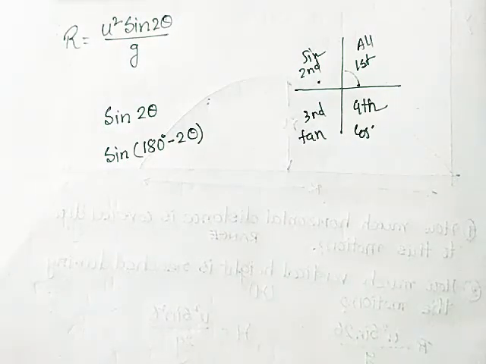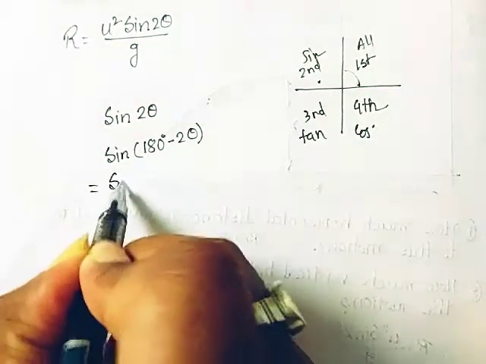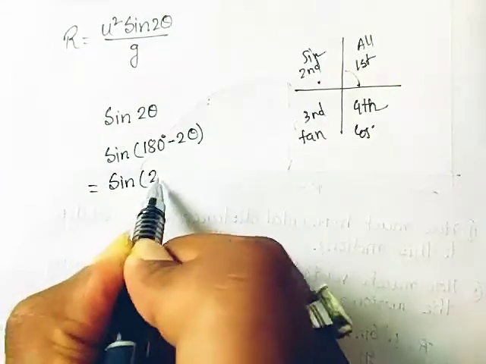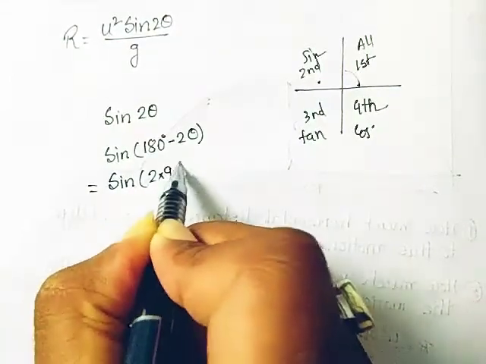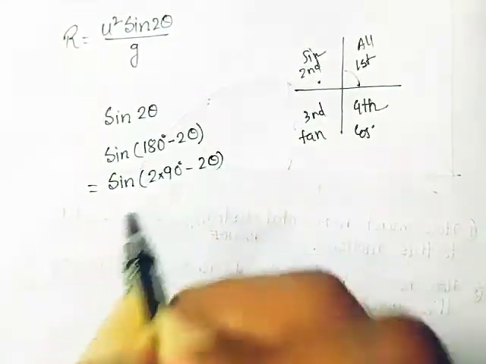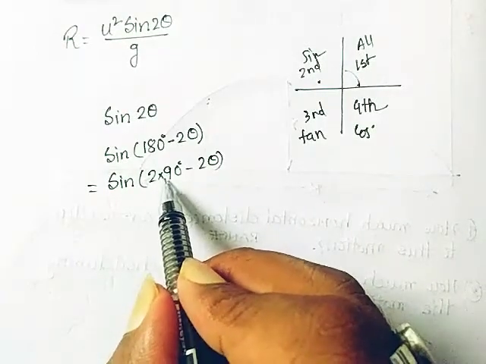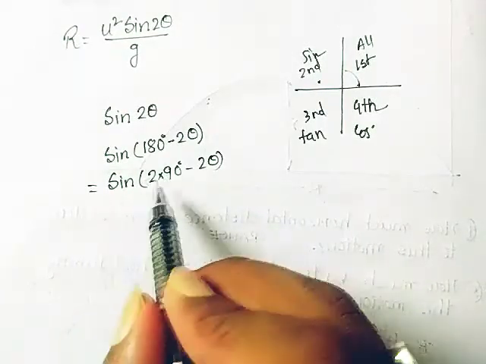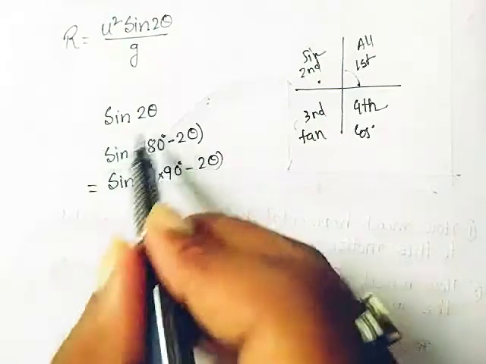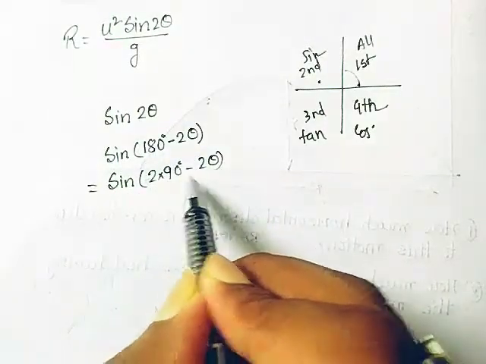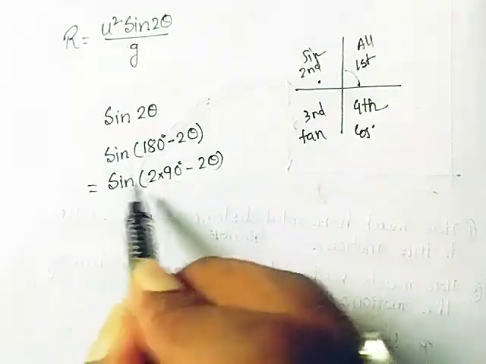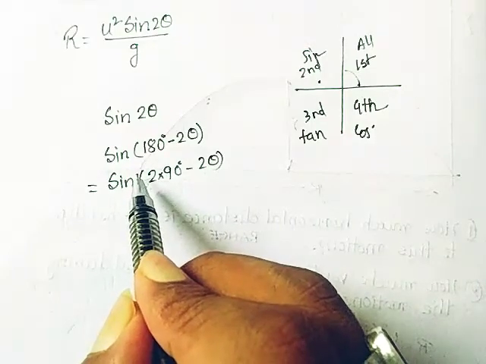Clear? So what it allows me is the second quadrant, 90 degree minus 2 theta. So sine 2 theta and sine 2 into 90 degree minus 2 theta are basically the same value.